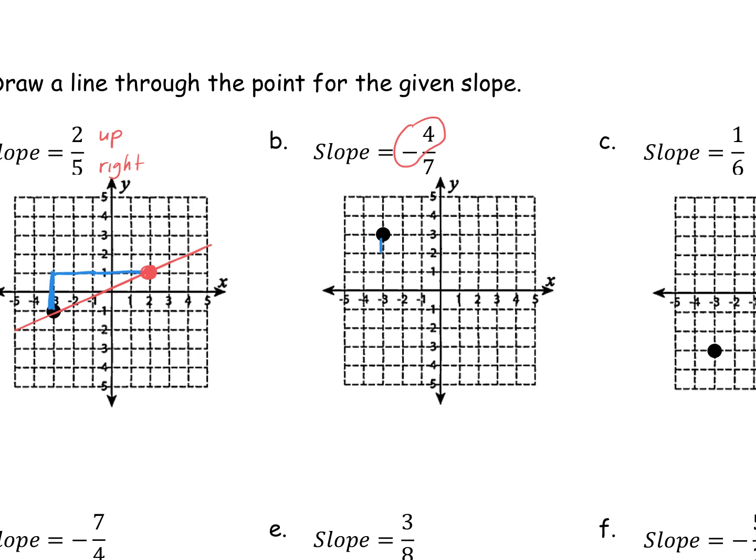So this would be 1 unit, 2, 3, 4. So that's 4 units. Then when I look at the run, it's 7, and you always move to the right. So if I go 7 to the right, that's 1, 2, 3, 4, 5, 6, 7.